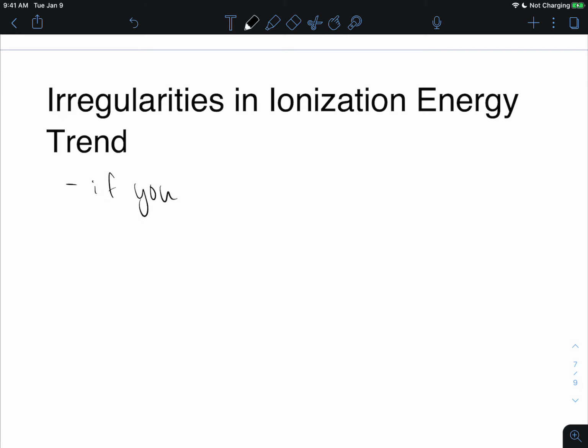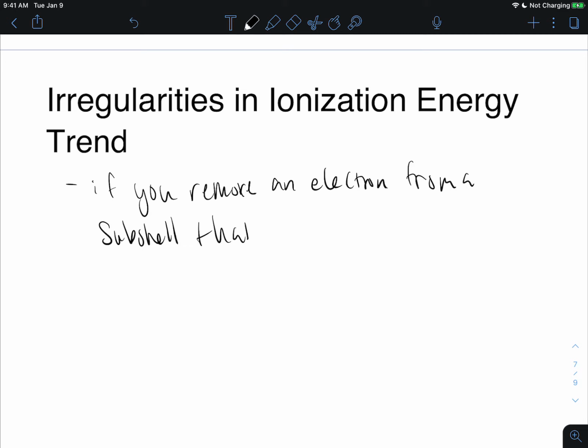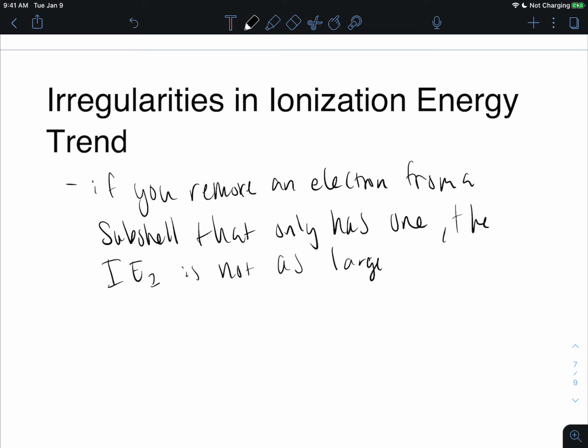If you remove an electron from a subshell that only has one, the ionization energy is not as large as the trend predicts.